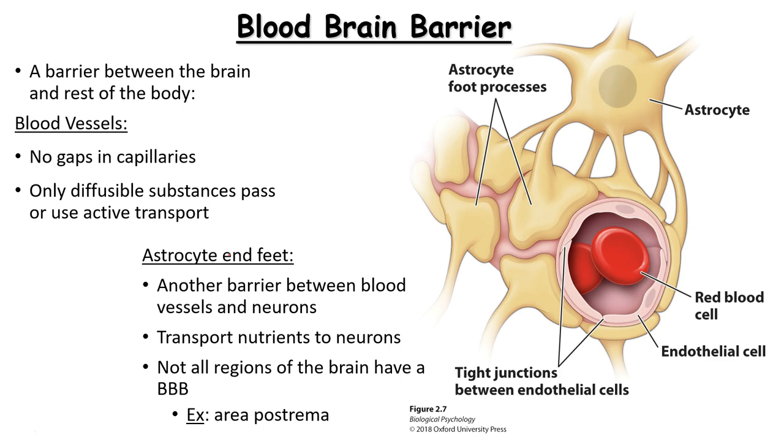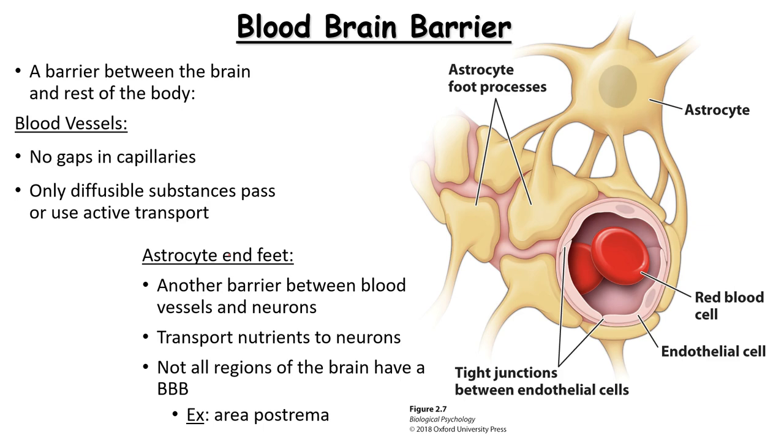So as I mentioned earlier, the only way substances can get from the blood vessels to the brain is through active transport or pumping, and astrocytes are one of the things that help pump nutrients like glucose into the brain from the blood vessels.